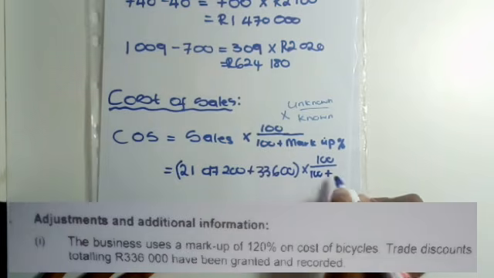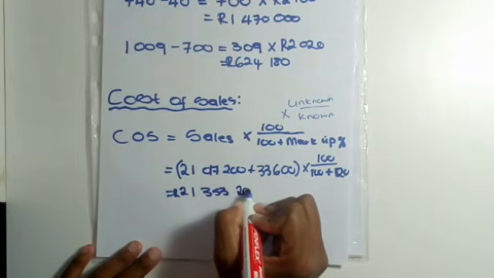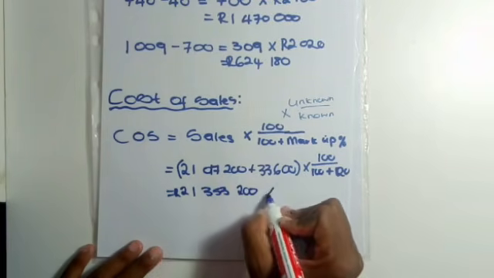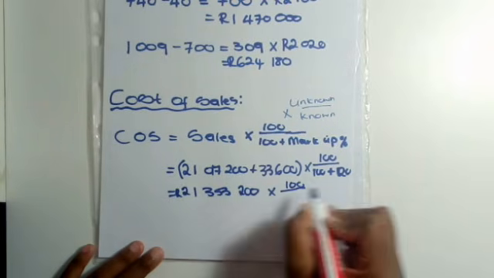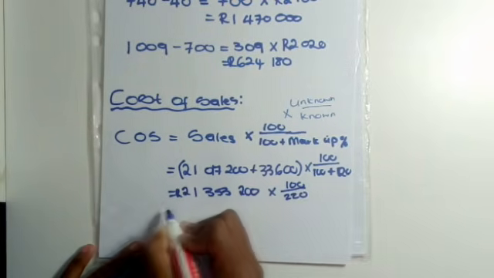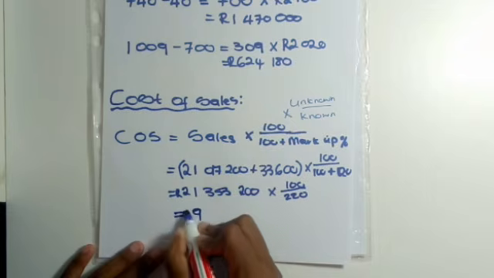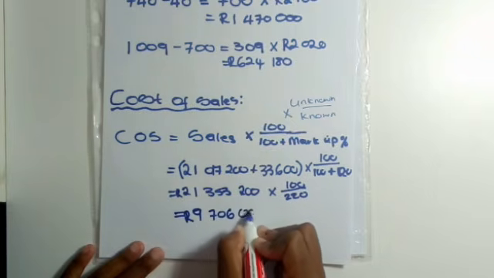How much is our markup? They told us it is 120. 21,353,200 is what we get when we add these two amounts together, and then we are going to multiply by our 100 over 100 plus 120, which gives us 220, and our final answer for cost of sales is 9,706,000.